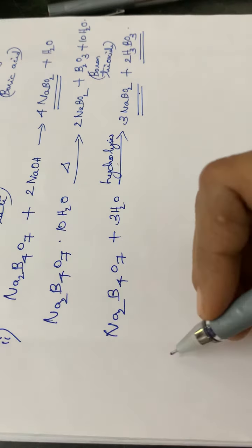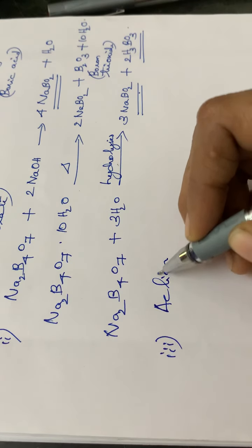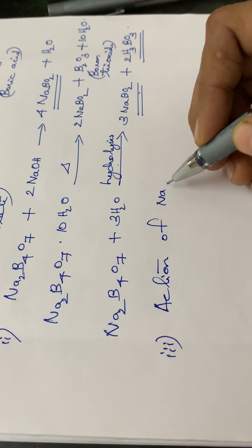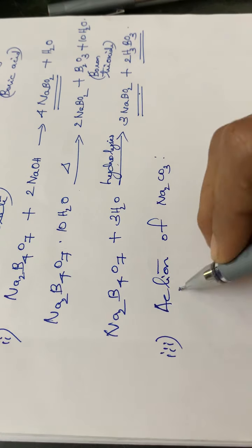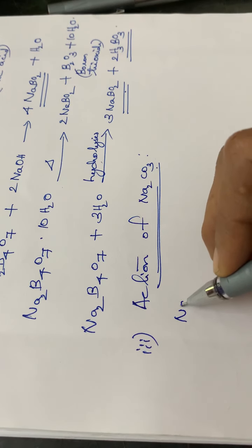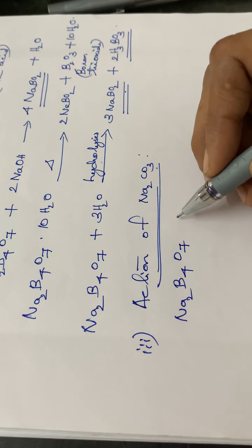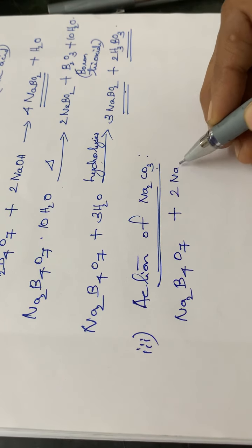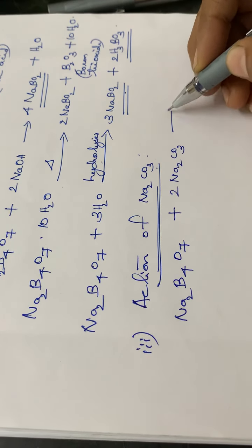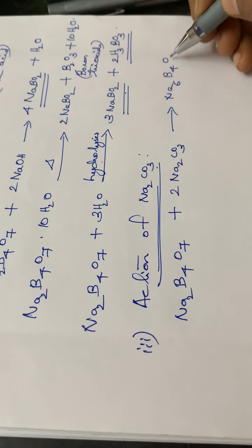Then the third one, that is the action of sodium carbonate. See here, Na2B4O7 or borax, on treating with sodium carbonate Na2CO3 gives Na6B4O9.